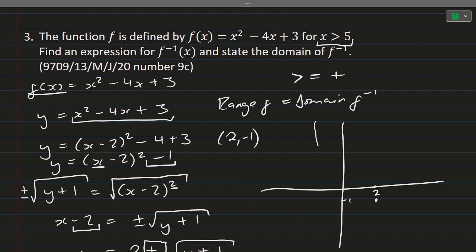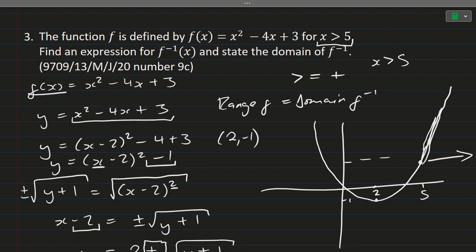Our graph would look something like this. And then our domain is x is greater than 5. So it means if 5 is here, we're taking this portion and going to the right. So this is the portion that we want, going to the right. If we can find what the y value is when x is 5, then we can find our range.